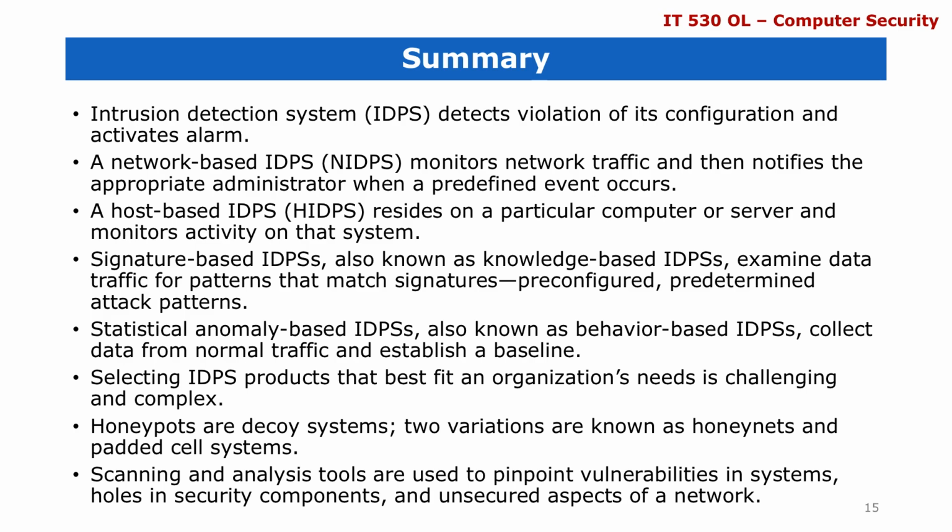We also looked into scanning tools as well as analysis tools and vulnerability tools, pretty much tools that attackers as well as system administrators use to implement attacks and all of that. This brings us to the end of this slide, and we'll get into the next chapter.